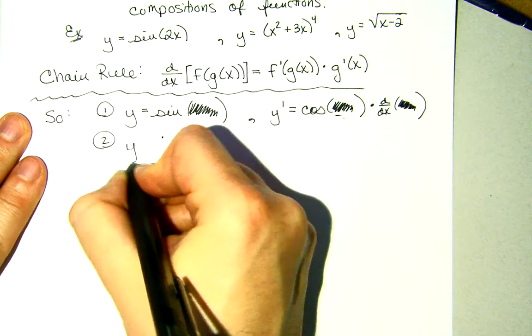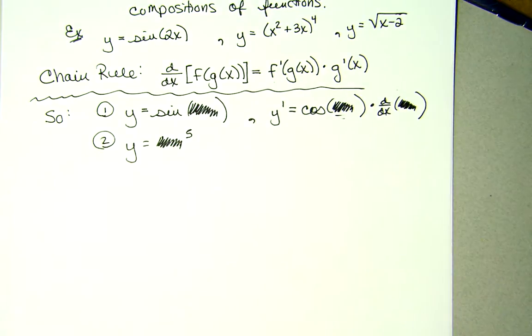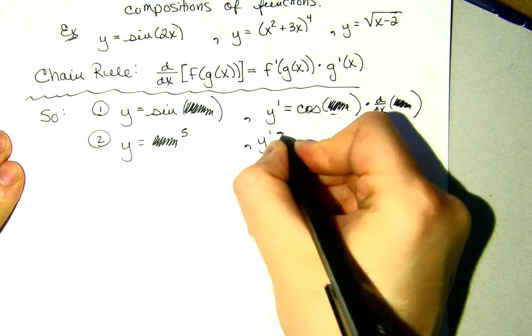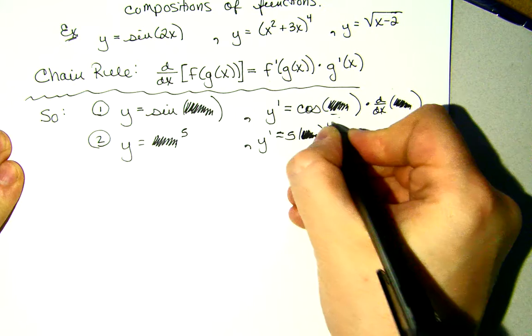What if I had y equals something to the fifth power? How do you do a derivative of a fifth power? 5 out front, and then what's the new power? 4. So your derivative is going to be 5 times whatever that thing is to the fourth.